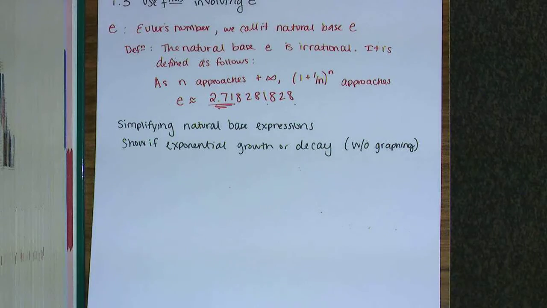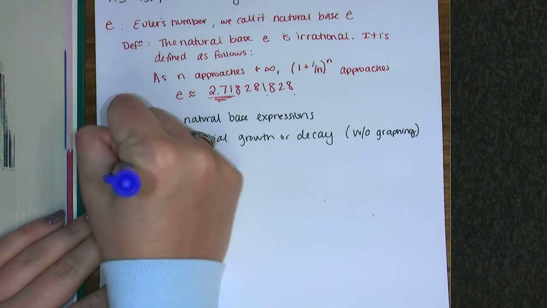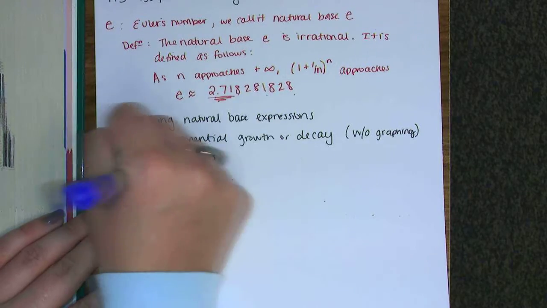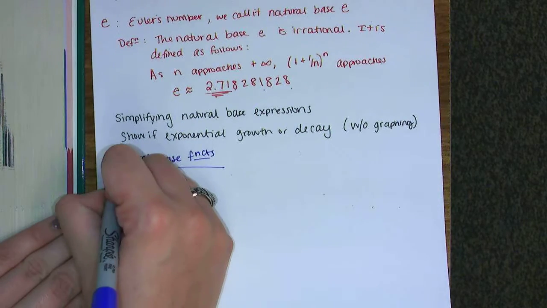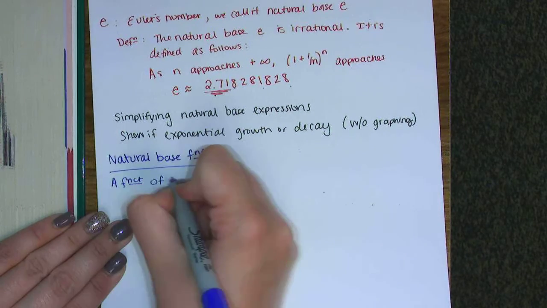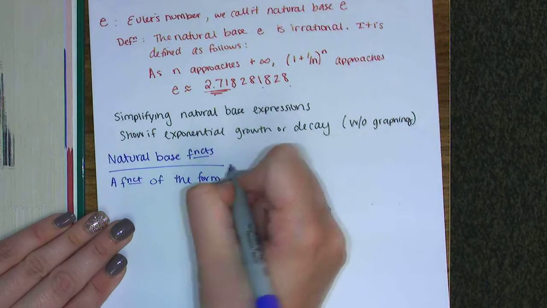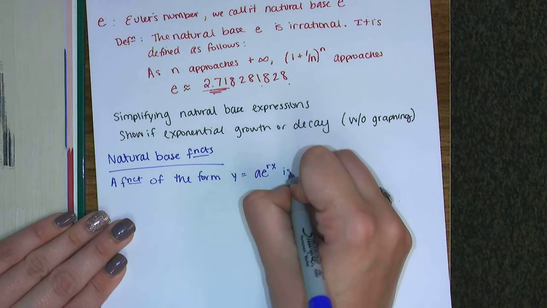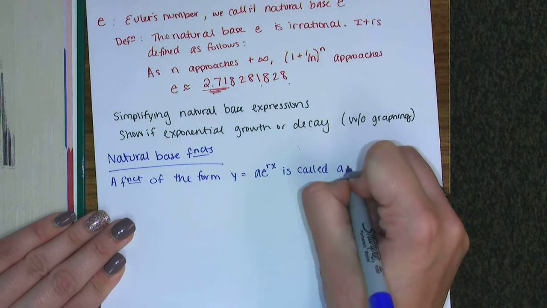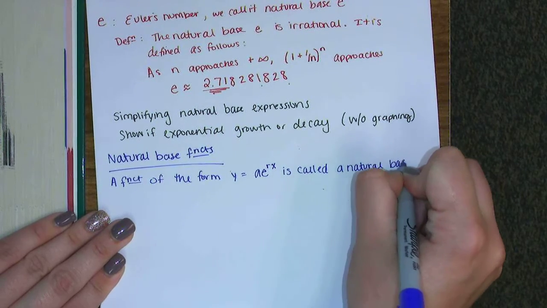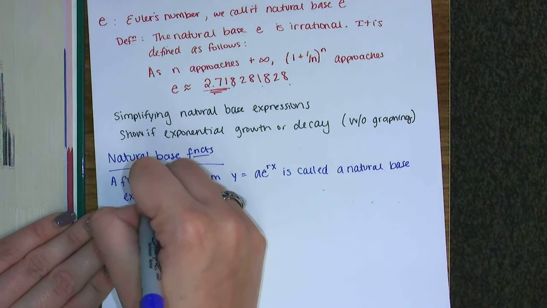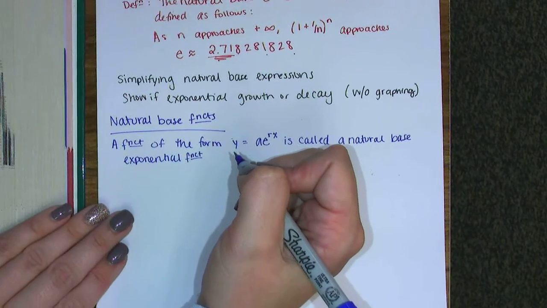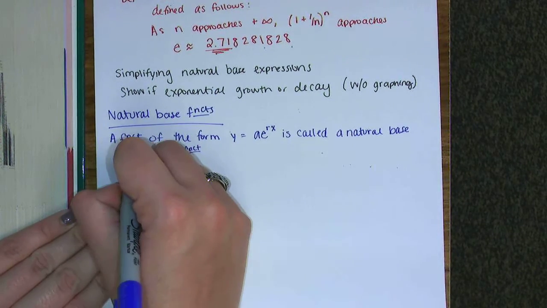So, natural base functions. A function of the form y equals a e to the rx is called a natural base exponential function. Now this is the important part.